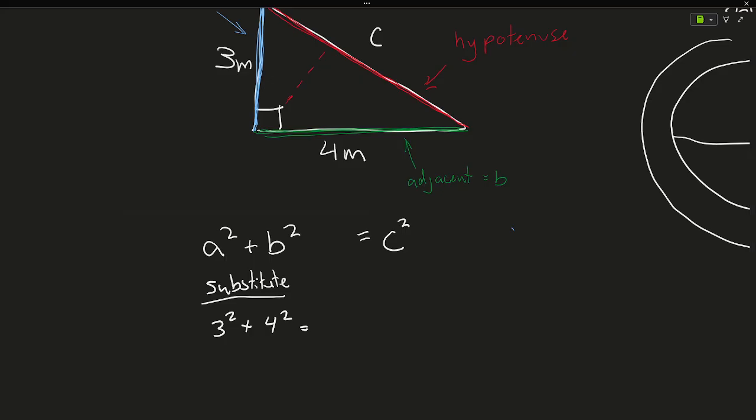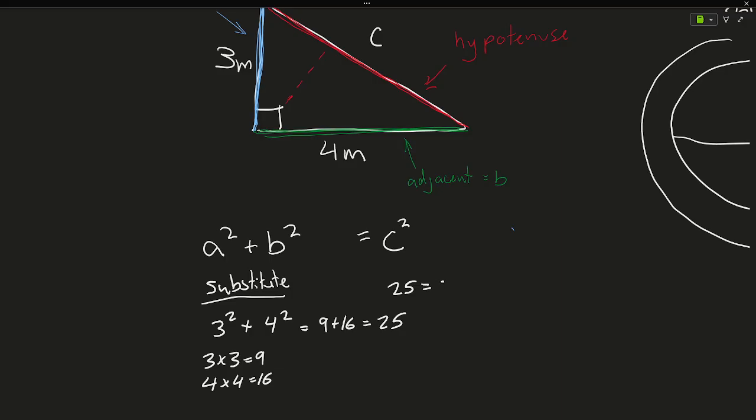If we expand that, 3 squared means 3 times 3, which equals 9. Our 4 squared is 4 times 4, which equals 16. So if we add 9 plus 16, we will get 25.